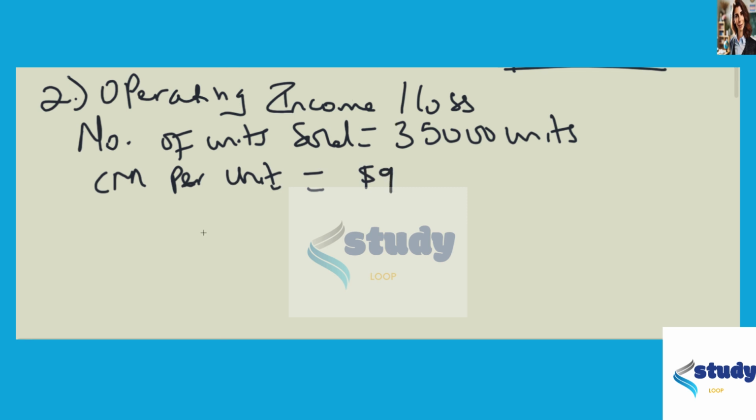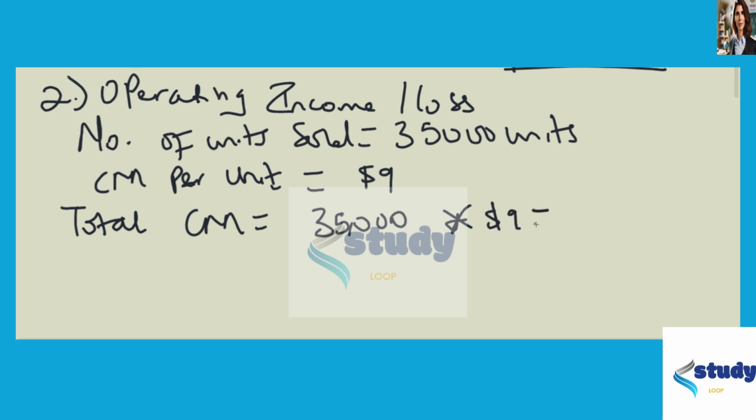Then the total contribution margin will be equal to the number of units times the contribution margin per unit. So 35,000 units multiplied by $9, and that will give you $315,000. And we're going to less the fixed cost.